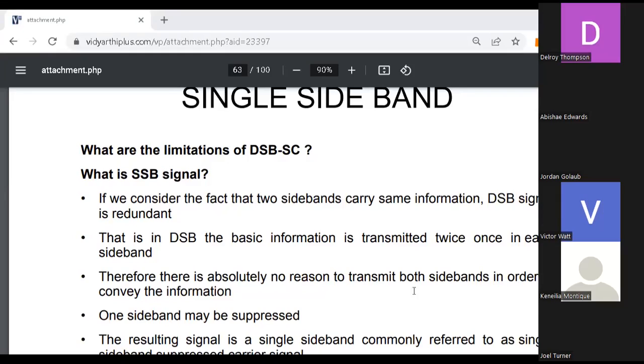So the basic information is transmitted twice, once in each sideband. Therefore, there is absolutely no reason to transmit both sidebands in order to convey the information. Right?